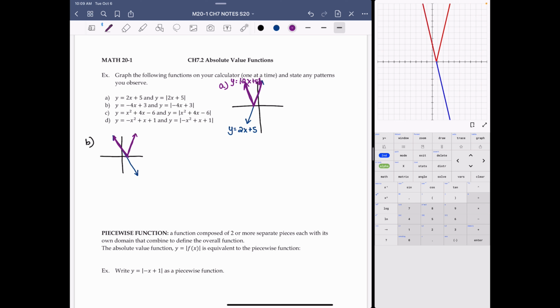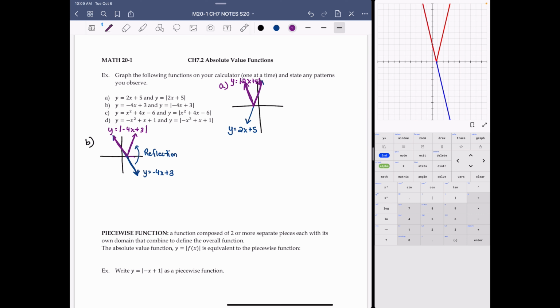If we look at the bottom part of our original function, the linear, negative 4x plus 3, it looks like it's just a reflection of that across the x-axis. Okay, that's a reflection. This here is y equals negative 4x plus 3, and this one is y equals absolute value of negative 4x plus 3.